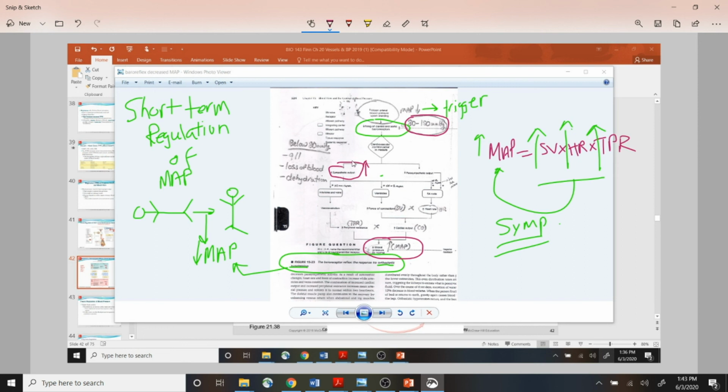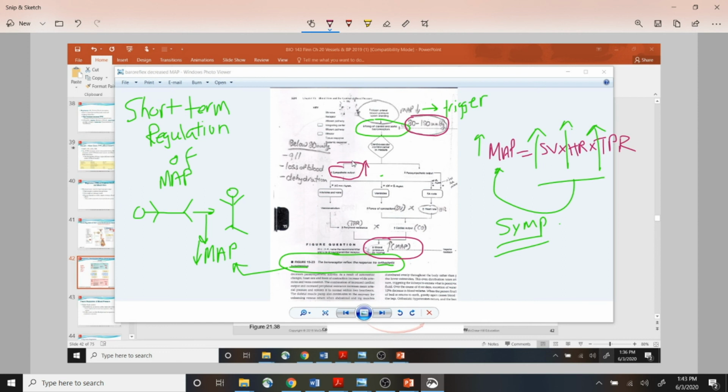That means the sympathetic system is being told you need to be more active. You're going to predominate. We're going to go back to how the cardiovascular control center controls that, because we just looked at it.